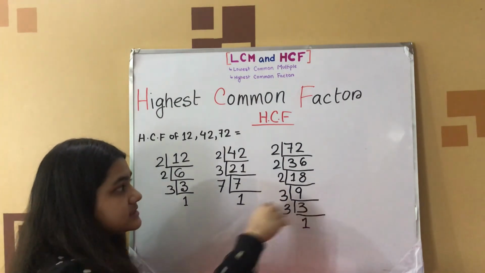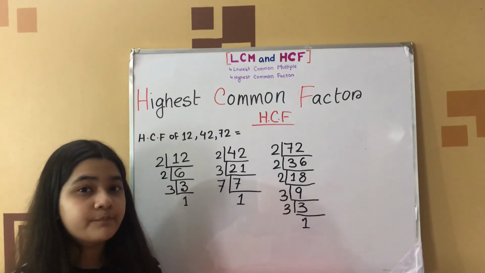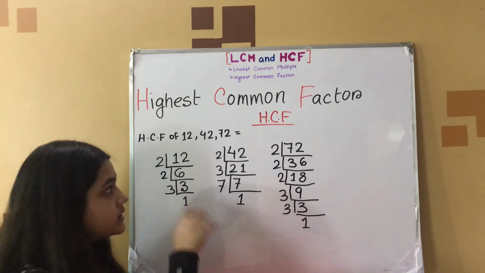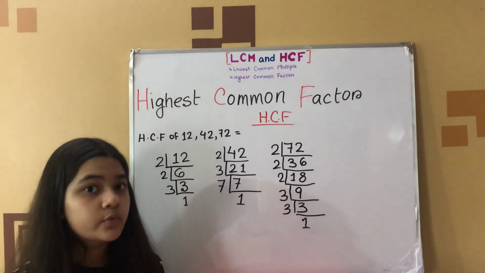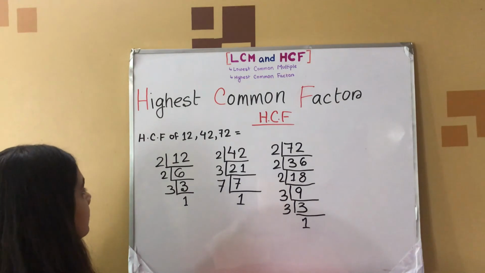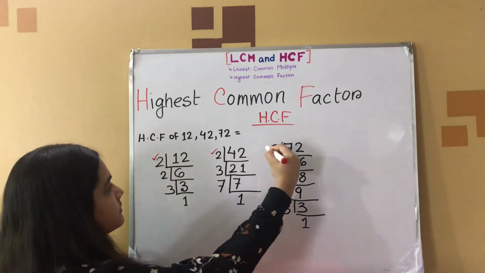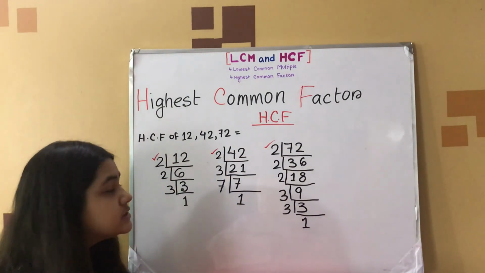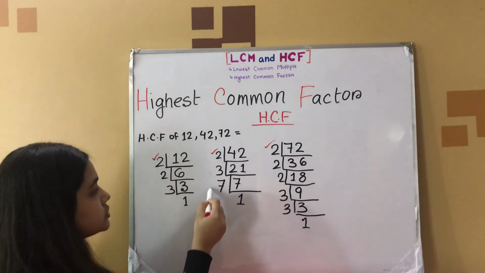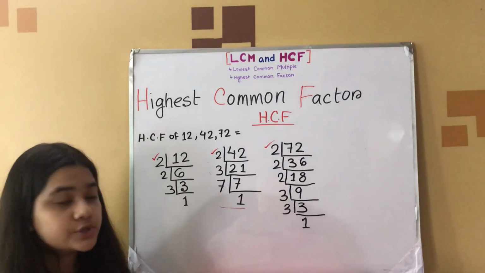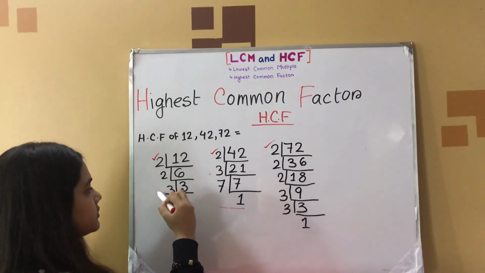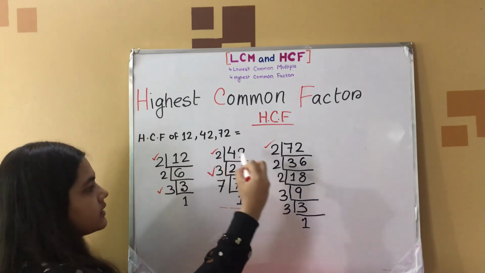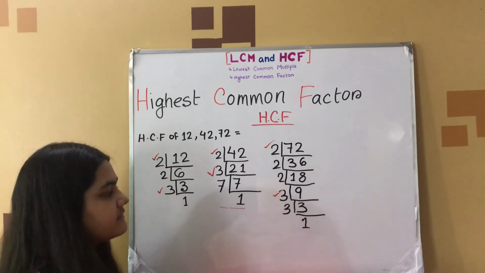In all these three numbers, the prime factors which are common in all of them, we are going to take. We have 2 2 2, and we don't have any more 2s in 42. 3 is here and in 72.